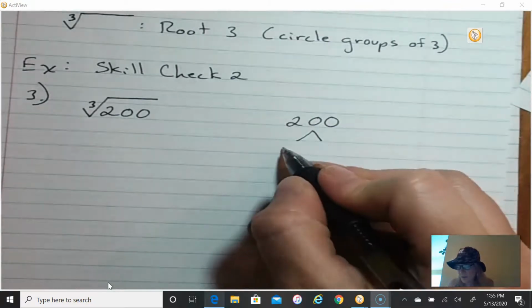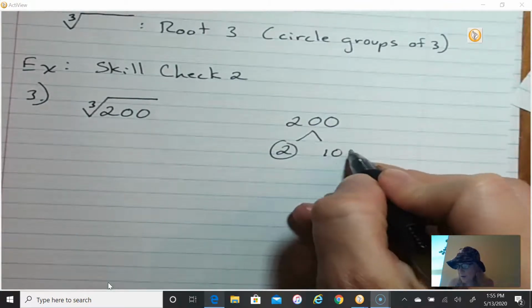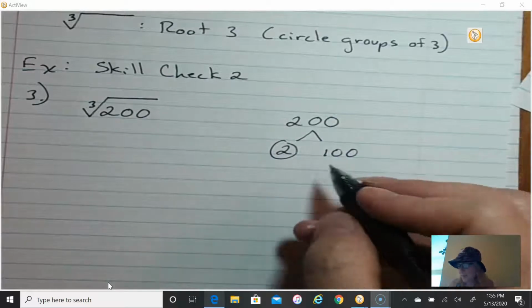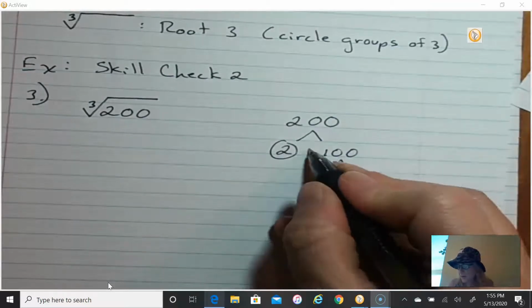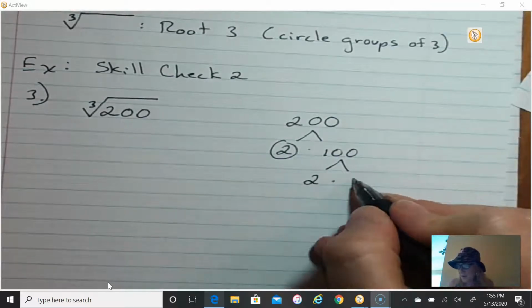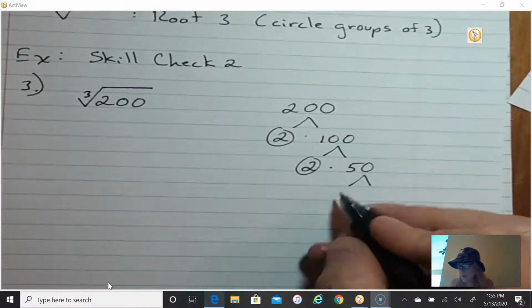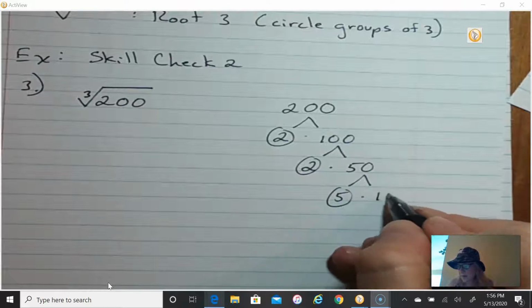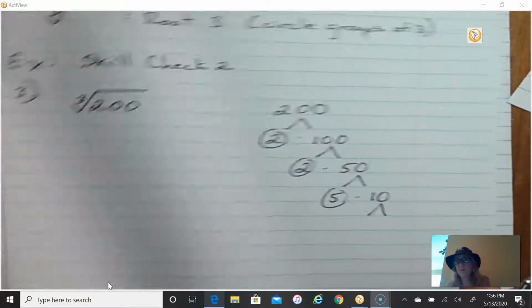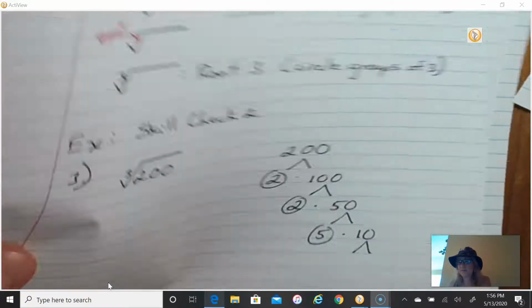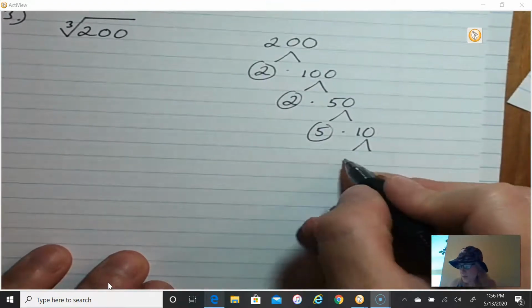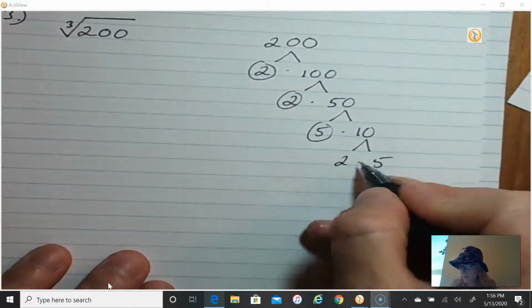What 2 numbers give me 200? 2 times 100. And you can use other numbers, remember that. Then I'm going to do 2 times 50, circle. 5 times 10. And remember to circle your primes. And then 2 times 5.